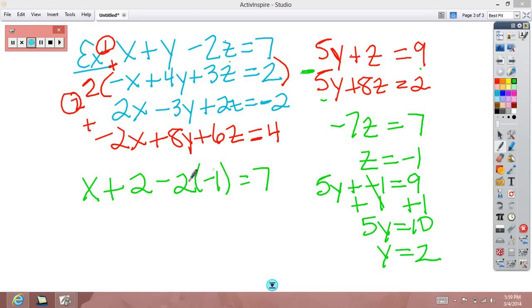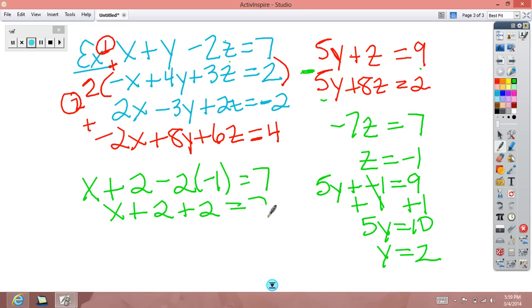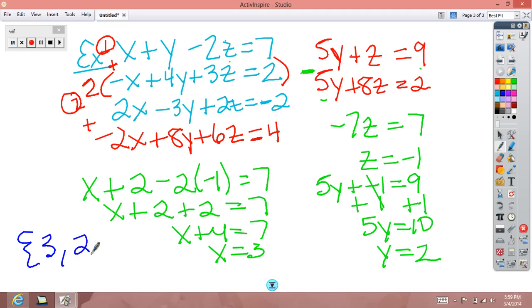Okay, so I simplify here. x plus 2 equals 7. Two negatives make this positive. x plus 4 equals 7. And x equals 3. And look at that. Now we can write our answer, which is 3 is x, y is 2, z is negative 1.